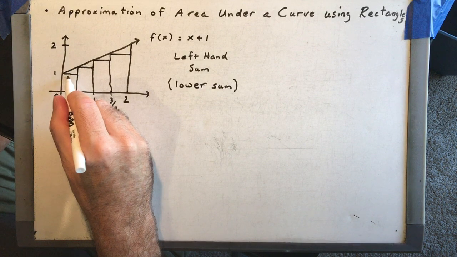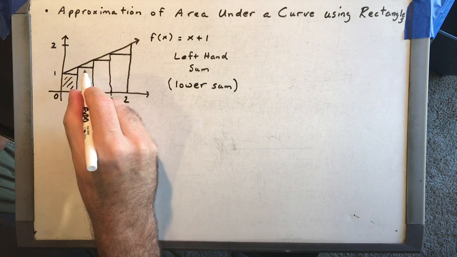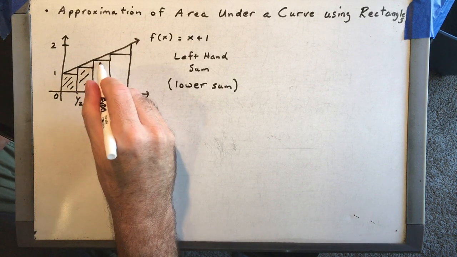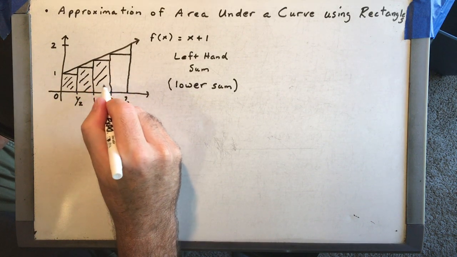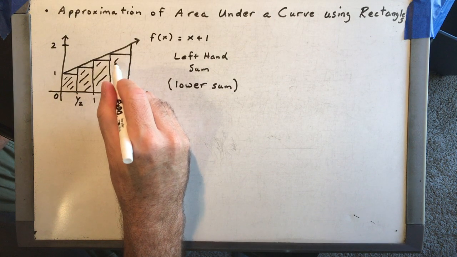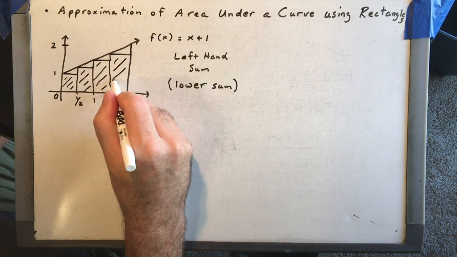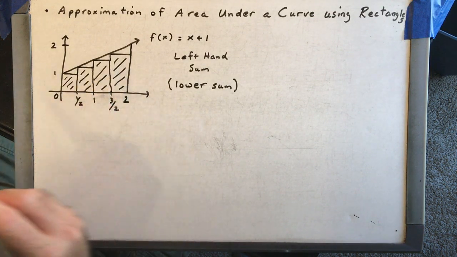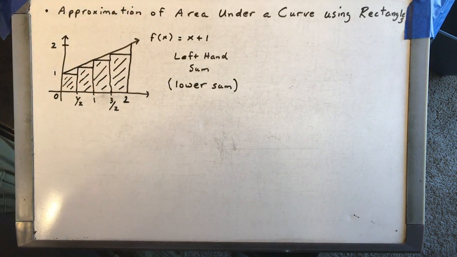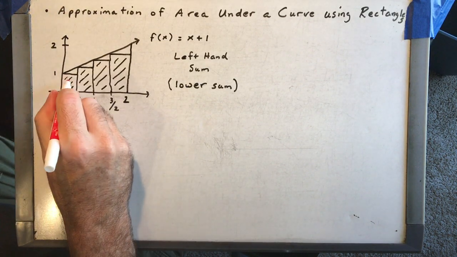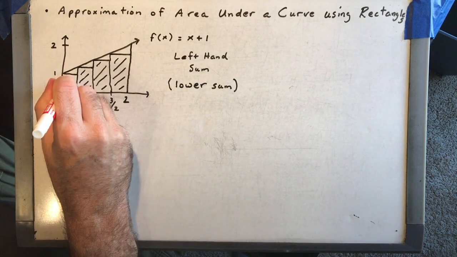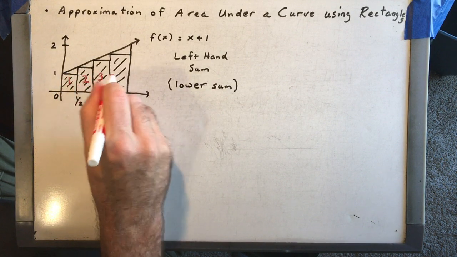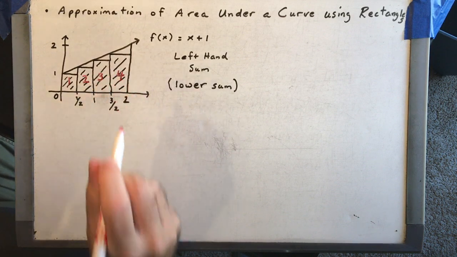Okay, so we're going to approximate the area under the curve by adding up the areas of rectangles, because that's really easy to do, right? So we'll call this rectangle 1, rectangle 2, rectangle 3, and rectangle 4.